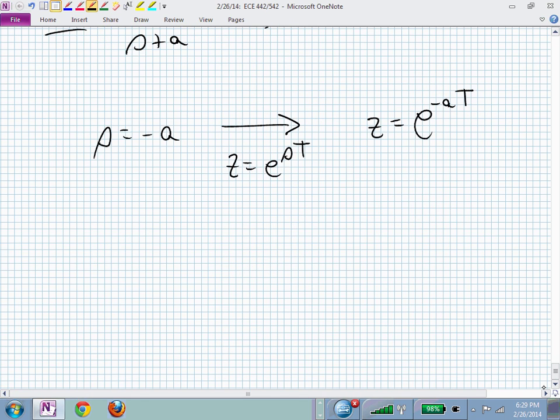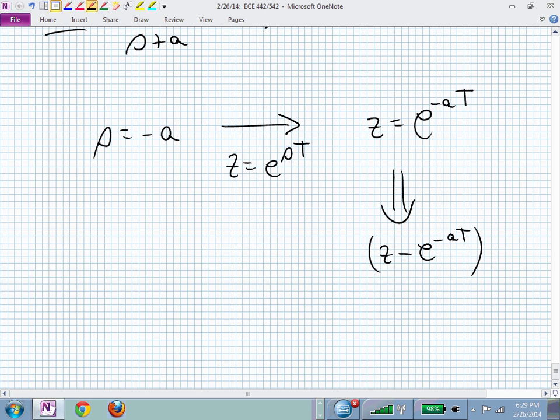But in terms of a factor, I need to create a factor such that when z is equal to that, that factor vanishes. So I just subtract e to the minus aT from both sides of that, and I end up with my factor that I will now have in the z domain when I had an initial factor s plus a.